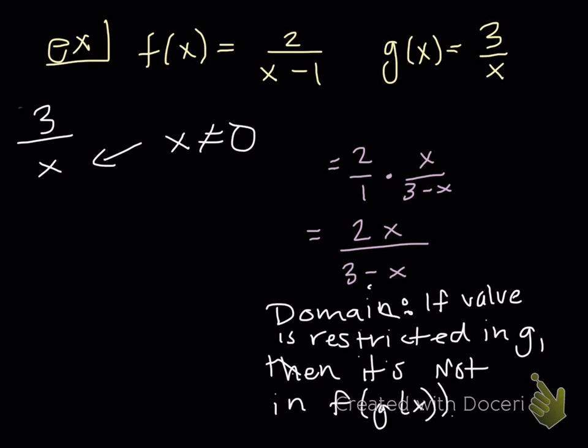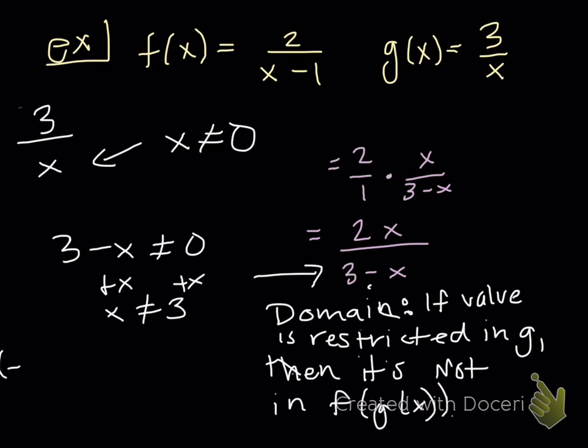And then I need to go to the actual problem itself, so I'm going to go back to this original problem, and again 3 minus x cannot equal 0. I'll add that x over, so x cannot equal 3 as well. So our domain is going to be from negative infinity to 0, union 0 to 3, union 3 to infinity.